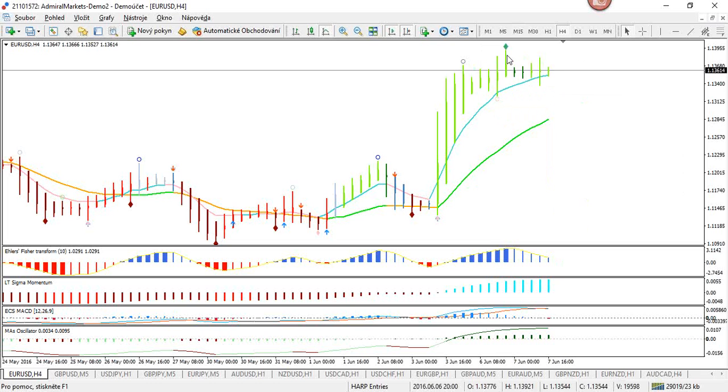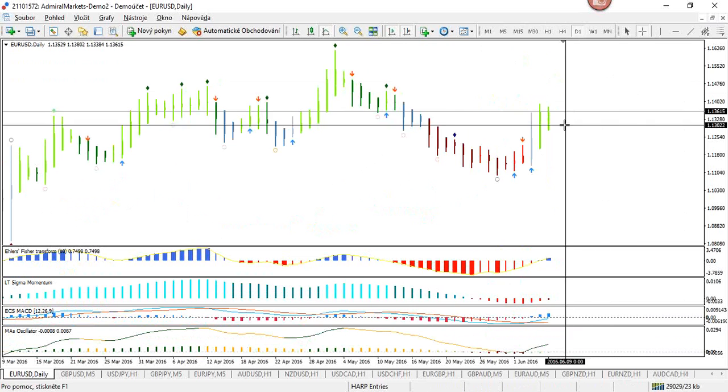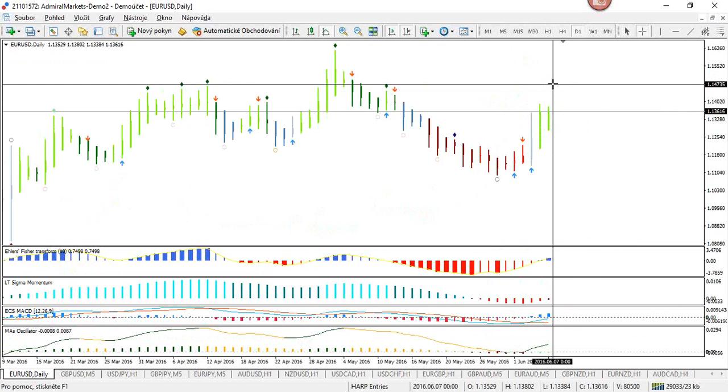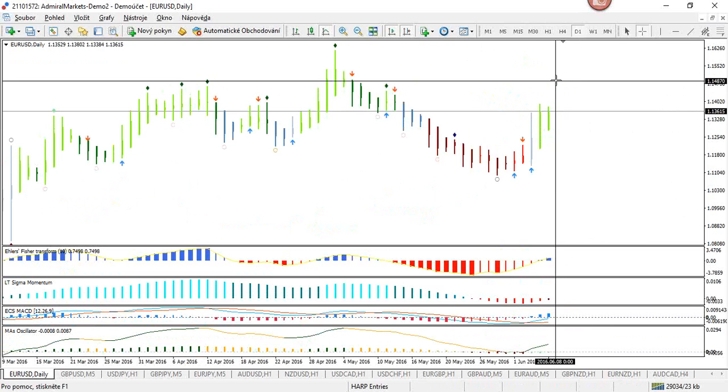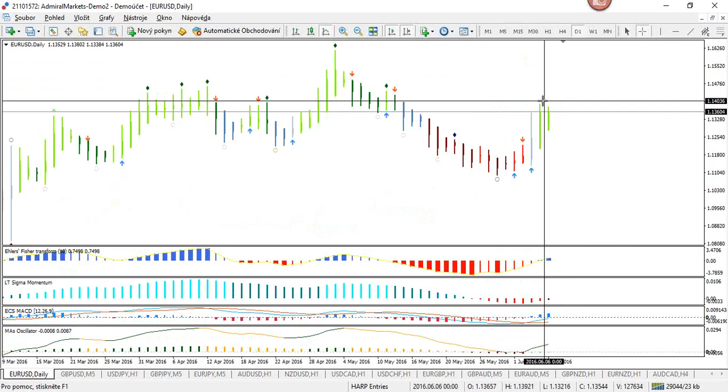Now, target is something that is discretionary. If you ever wonder about the target, you can always reach me and ask me. In case of the euro dollar, I would probably be aiming for 115, just below 115. It's a psychological round level and strong resistance spot.